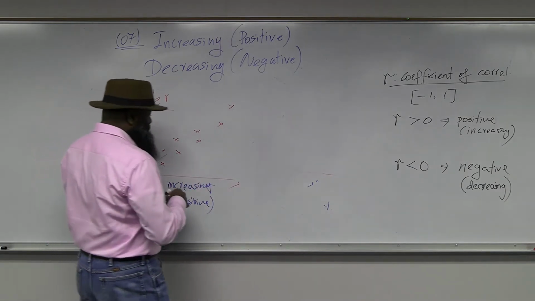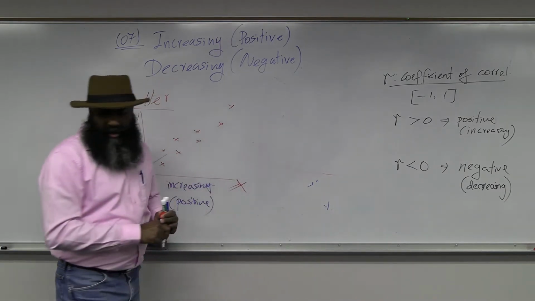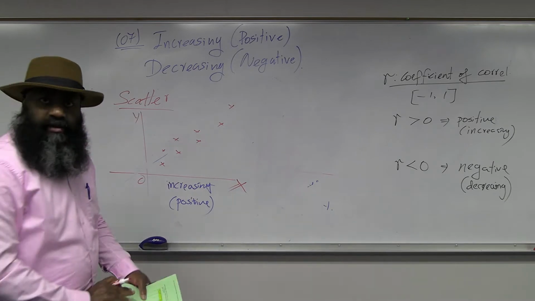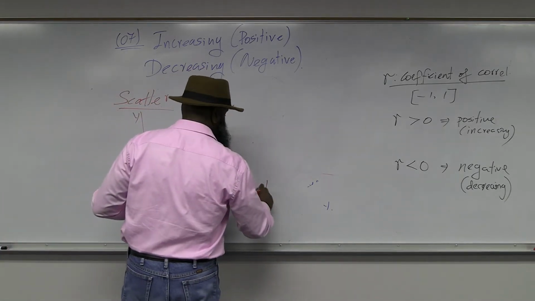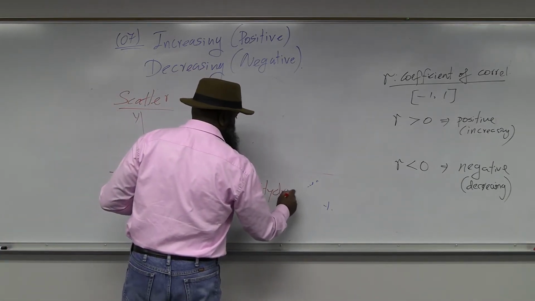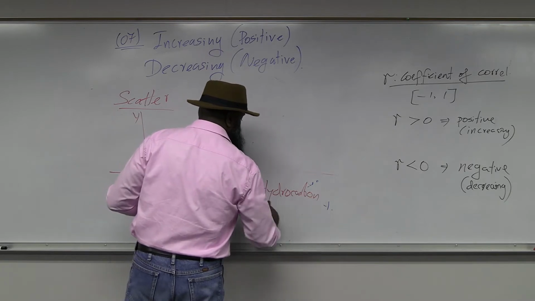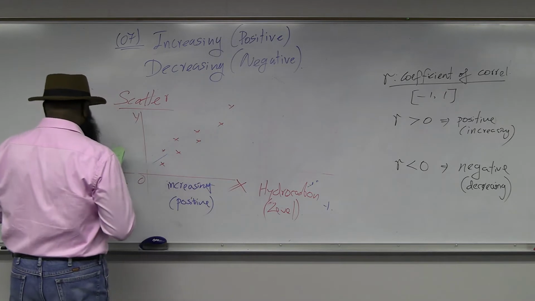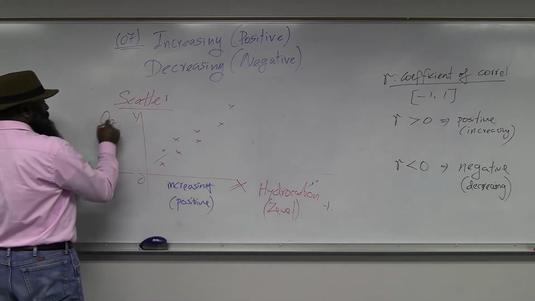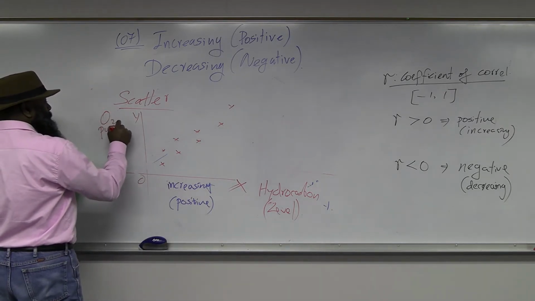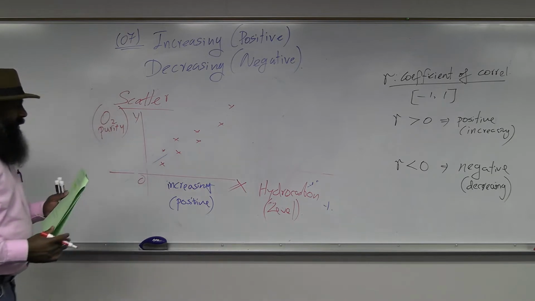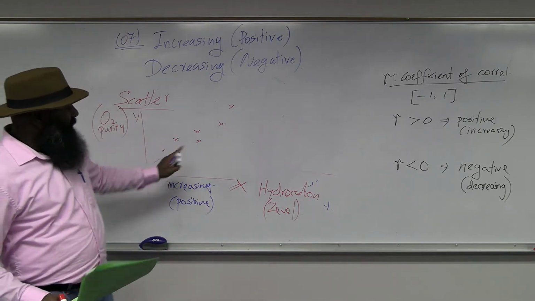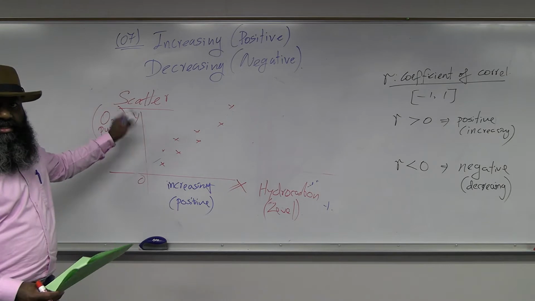Your x-axis is the hydrocarbon level in that example, and your y-axis is the oxygen purity. So it has this overall shape. As x increases, y also increases.